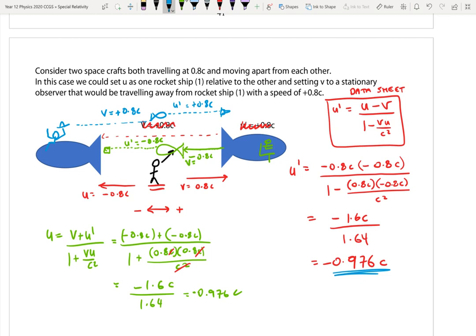Initially, this guy took the measurements. He goes, oh look, a spaceship travelling that way at 0.8c. Oh look, a spaceship travelling that way at 0.8c. The one on the left is u, and the one on the right is v.